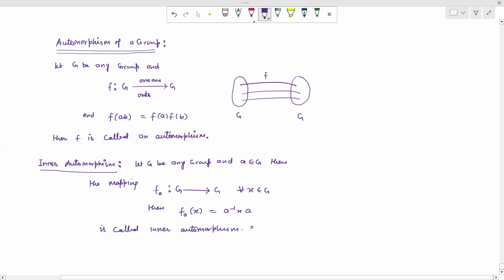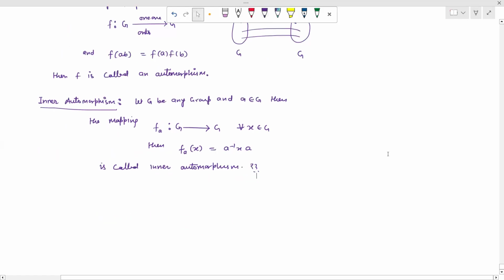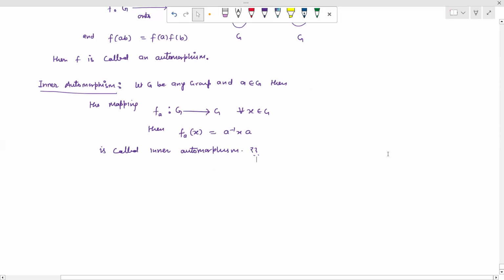So we take a question mark: is this an inner automorphism or not? For proving inner automorphism, we need to prove that this function f_a satisfies the properties, that is 1-1, onto and homomorphism. So now let us prove whether this f_a is an inner automorphism or not.